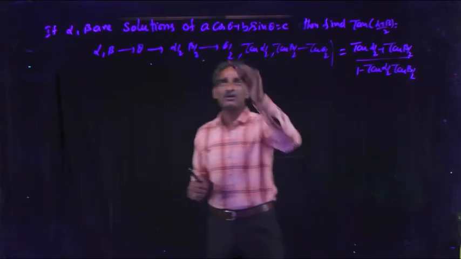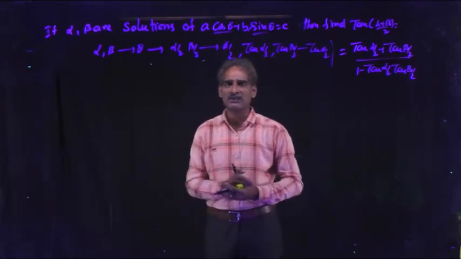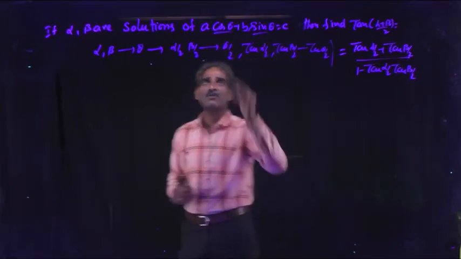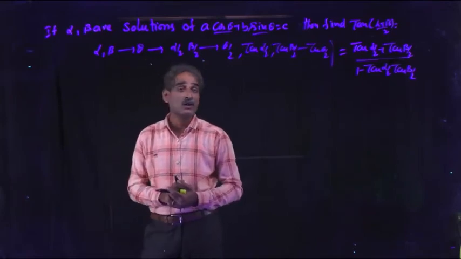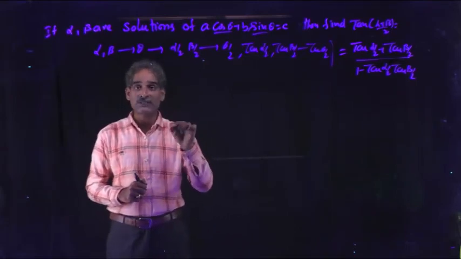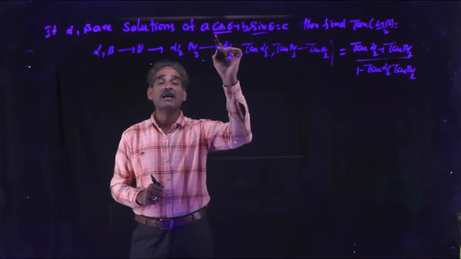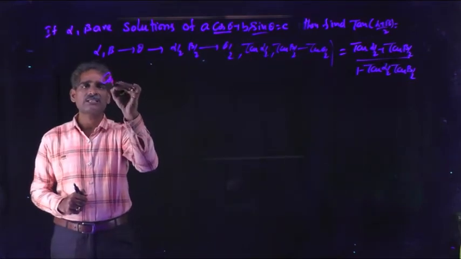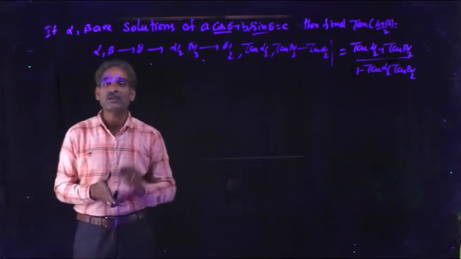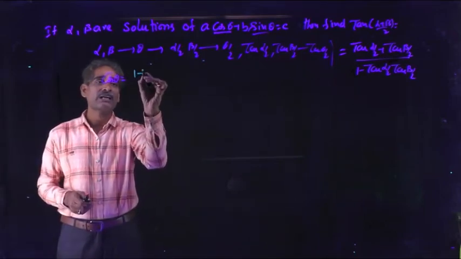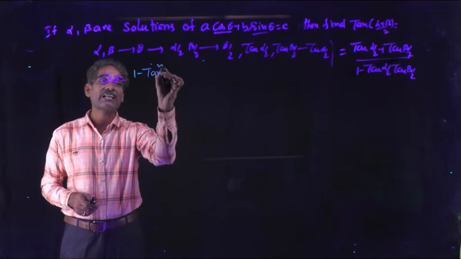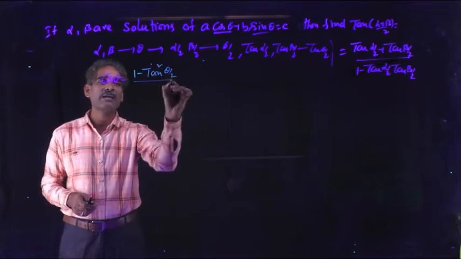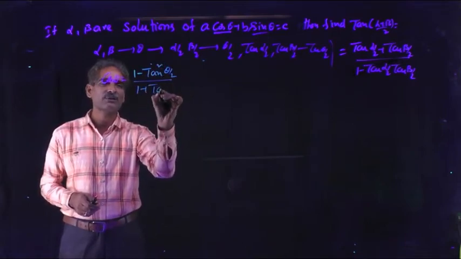We already have formulas for cos and sin in terms of tan. The formula for cos 2 theta in terms of tan is 1 minus tan square theta by 1 plus tan square theta. Here we write cos theta and sin theta in terms of tan: cos theta is equal to 1 minus tan square theta by 2 over 1 plus tan square theta by 2.